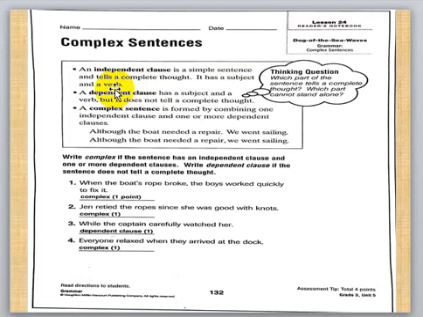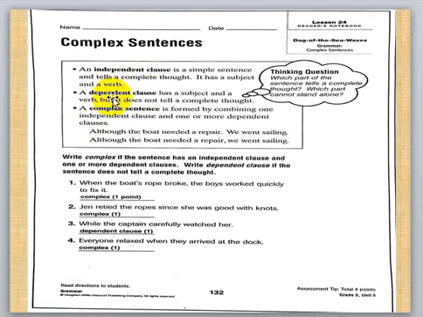Yusuf plays guitar. Yusuf is the subject, plays is a verb. So we know what Yusuf does in the sentence. So it's called a complete thought. You got it? Okay.